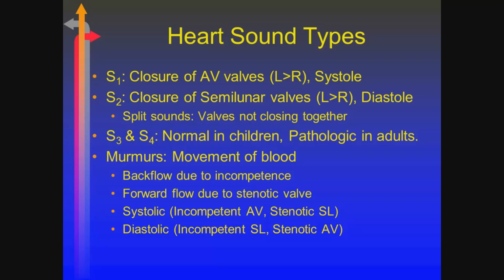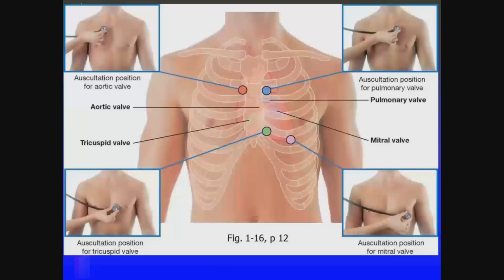That's going to cause a systolic murmur. Could also be because of a stenotic semilunar valve, the aortic valve for instance, will cause a systolic murmur also. So you need to distinguish between the two when you're hearing it and what could possibly be the cause.